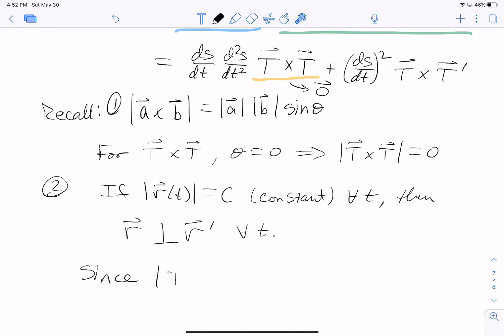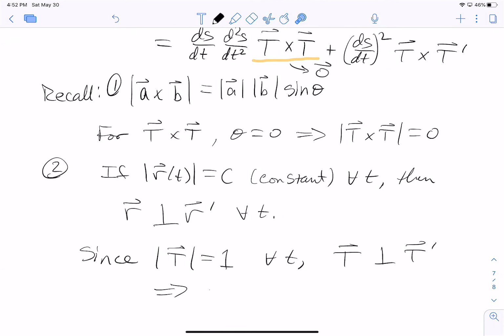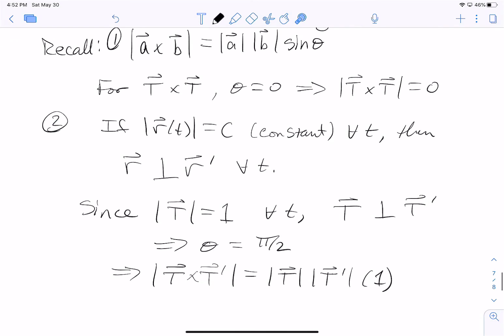Since the magnitude of the unit tangent vector is 1 for all t, T is orthogonal to T prime, which means that the angle between them is pi over 2. So the magnitude of T cross T prime is equal to the magnitude of T times the magnitude of T prime times 1, the sine of pi over 2.